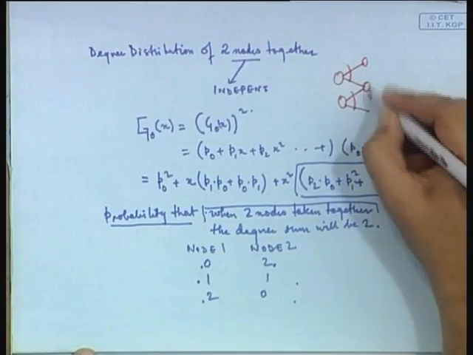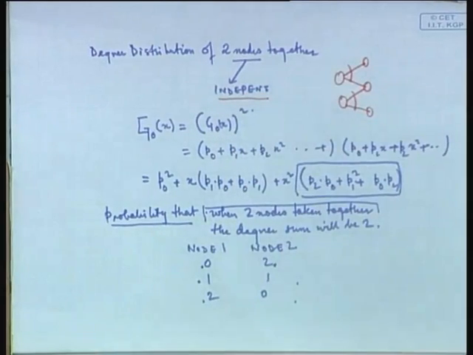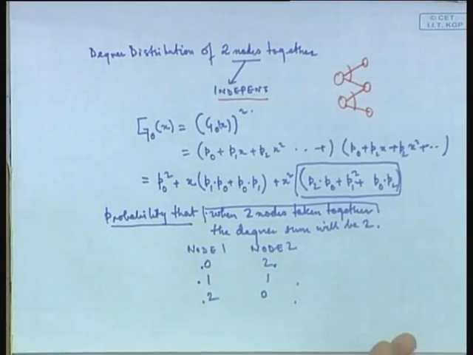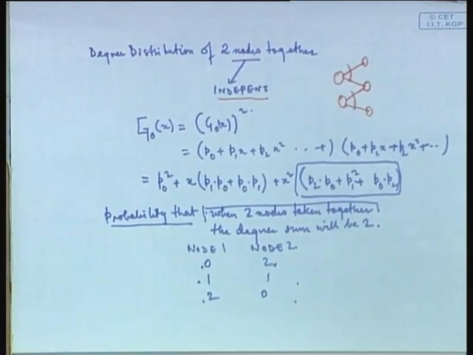For this case it does not matter, but it will matter when I want to ask what is the number of neighbors when two nodes are taken together, because then it may not be exactly this. This is just the number of edges going out. If I want to convert it into the number of neighbors, then you have to consider the independence concept.